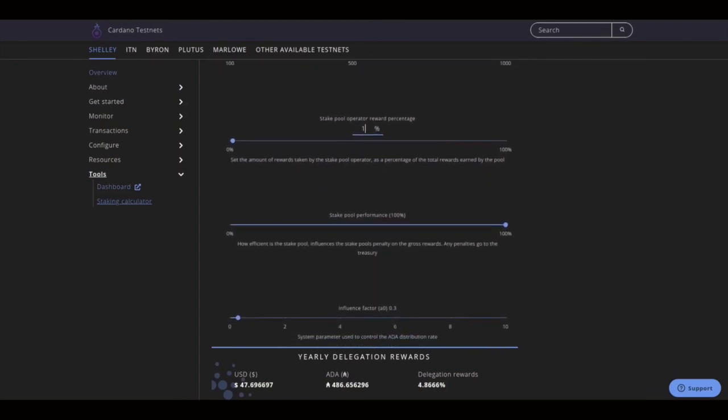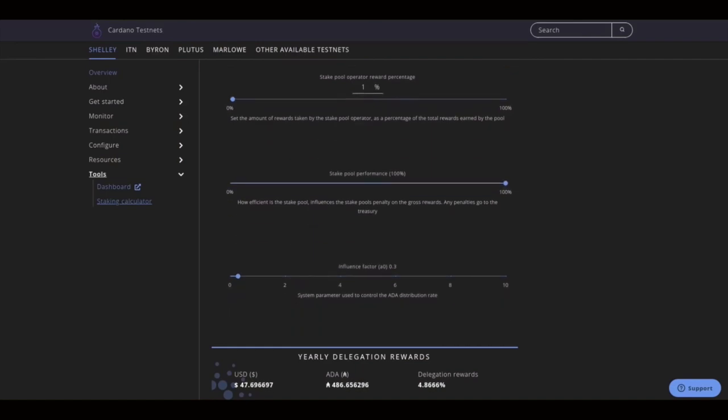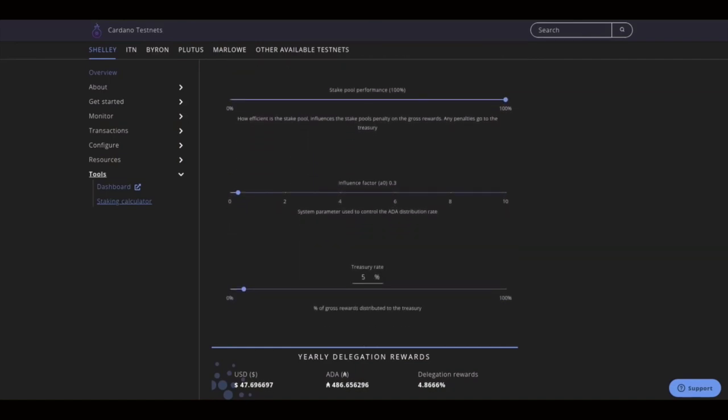This is the stake pool performance. 100% means the stake pool will produce all the blocks it can produce. If it misses some, then this would be lower and rewards would go down accordingly. And this is the so-called Sybil attack influence factor, which in the beginning will be set to 0.3.